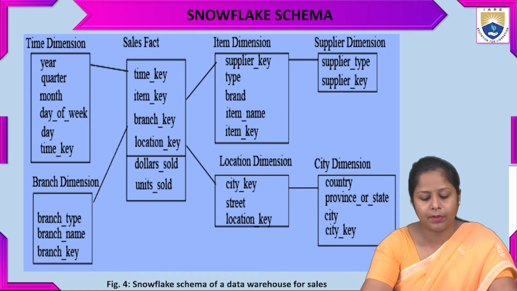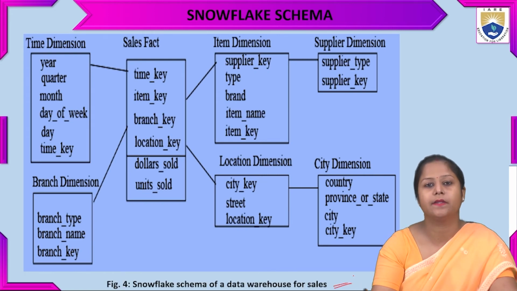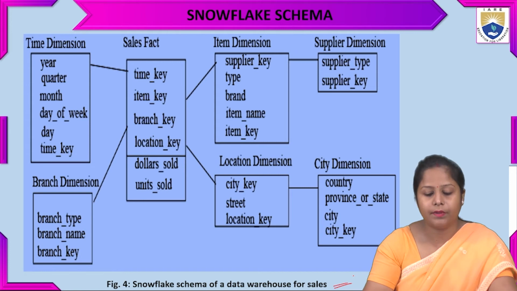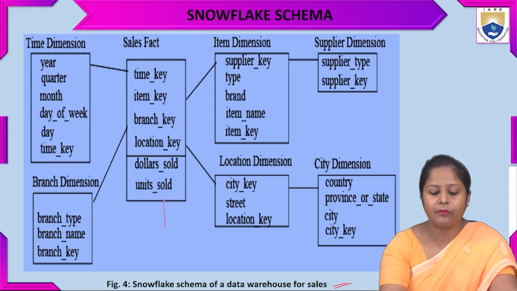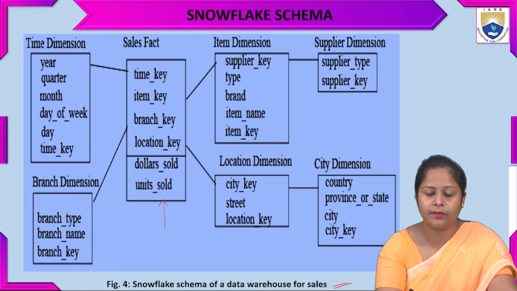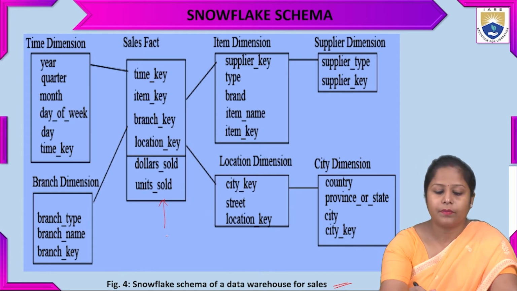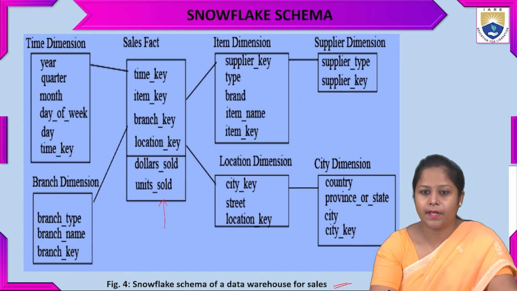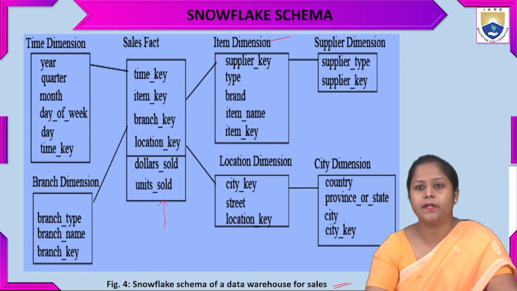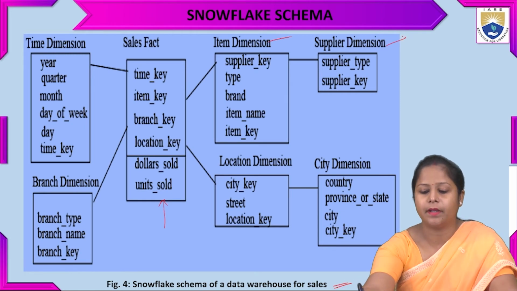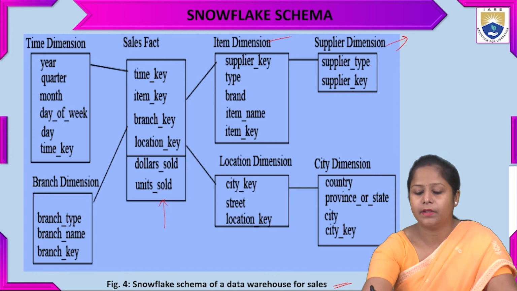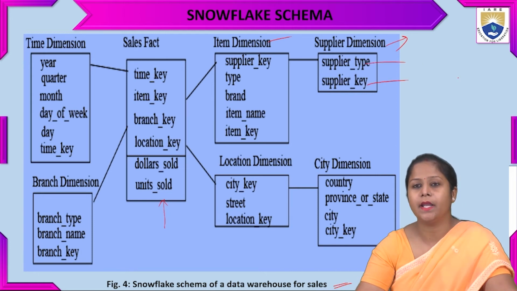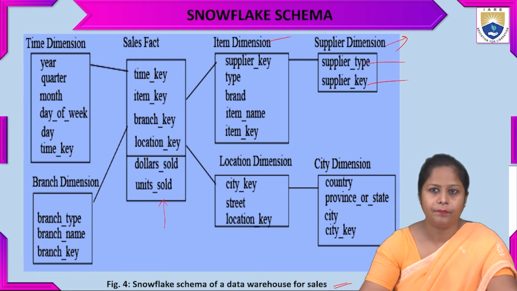So this is the example of a snowflake schema of sales dimension. Here we can see this is the sales, the same example as we have taken for star schema. For that we can check the item dimension table again splitting into the supplier dimension, right? That has the attribute supplier type, and the key is supplier key.